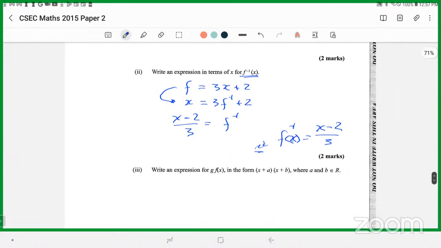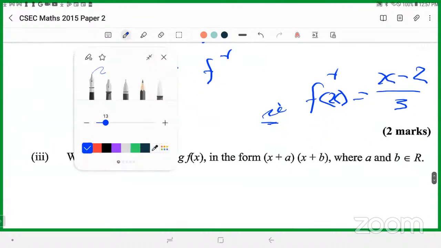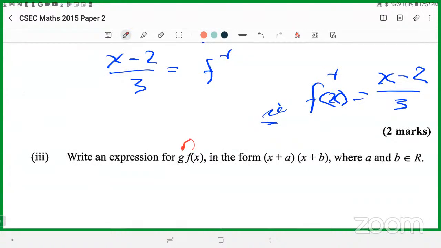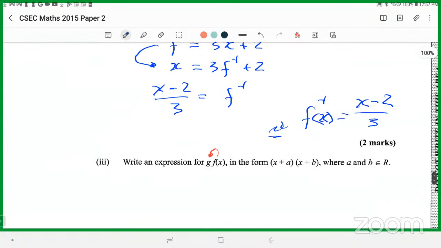Then they want us to find g of f. I must express it in factorized form. They want g of f. g of f means the f into the g. Let's write it out. g of f means f into g. Let me construct it here.